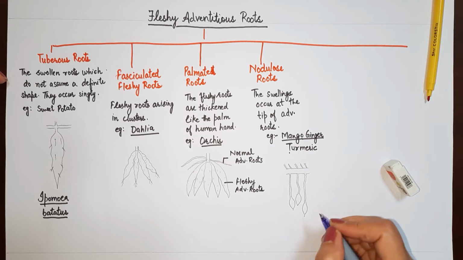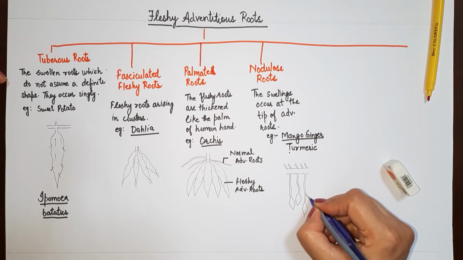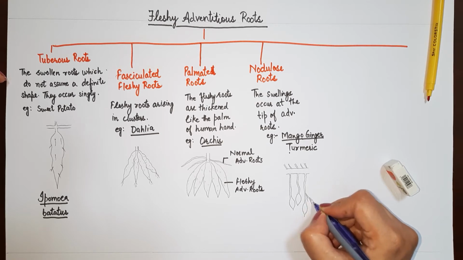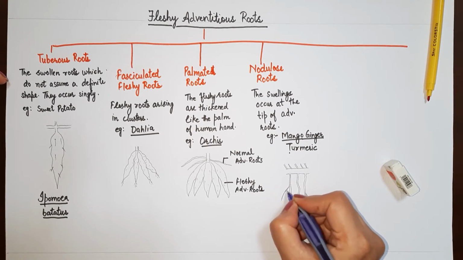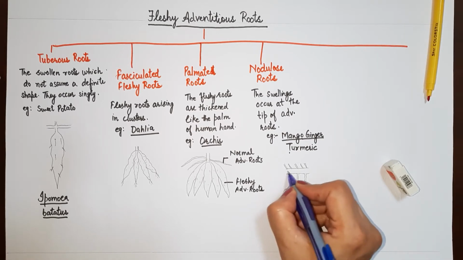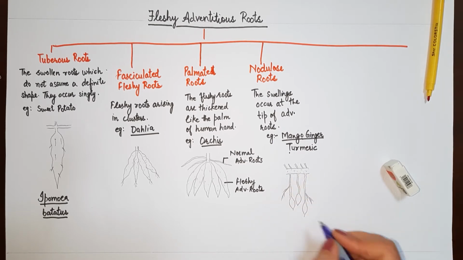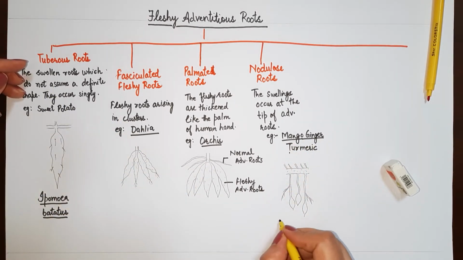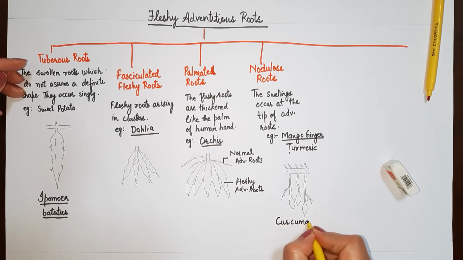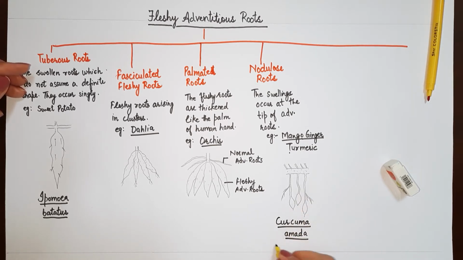And along with that, some normal adventitious branches, they can also arise. So from few of these, you can show normal adventitious branches. So these are nodulose roots and we observe this in mango ginger, which is Curcuma amada. So it's a botanical name of mango ginger, Curcuma amada.